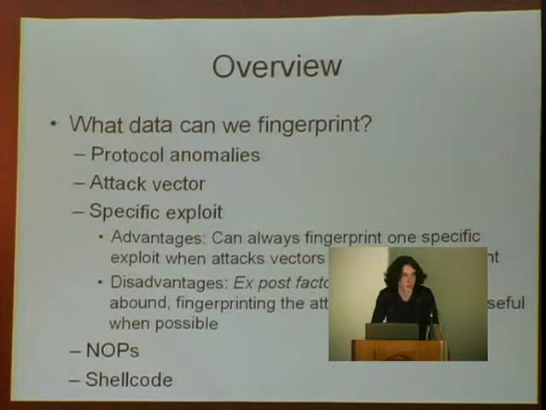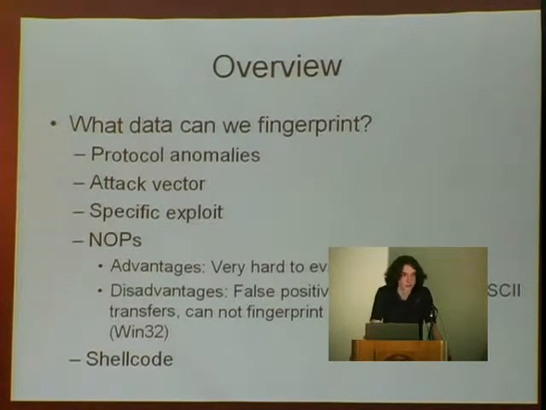This is useful when you can't use the attack vector. When this actually occurs, it's not very often. It has lots of disadvantages. It's built after the fact. Different exploits abound. You release it and it's pretty much outdated already because anyone can just modify some ASCII string to change one letter and suddenly, bam, you're past the IDS.